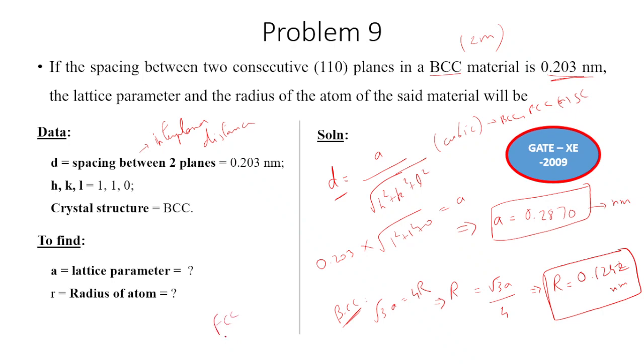For FCC, it's actually root 2a is equal to 4r. Because if we calculate the face, taking one side of the FCC, this will be A, this will be another A, and for this side, according to Pythagoras theorem, it will be root 2a.